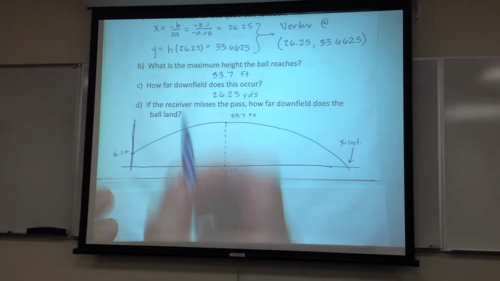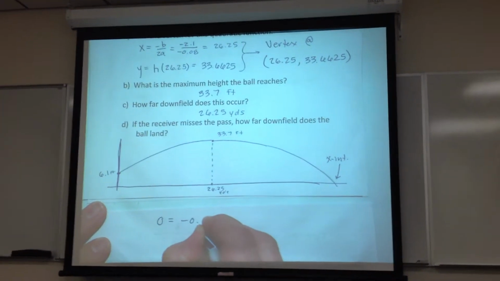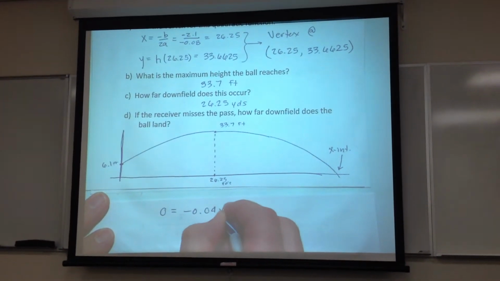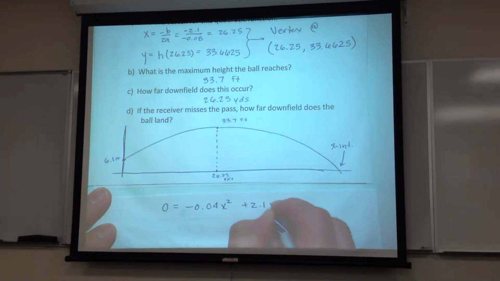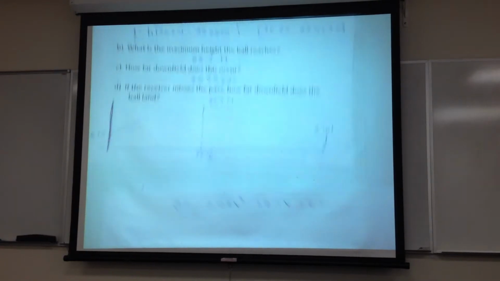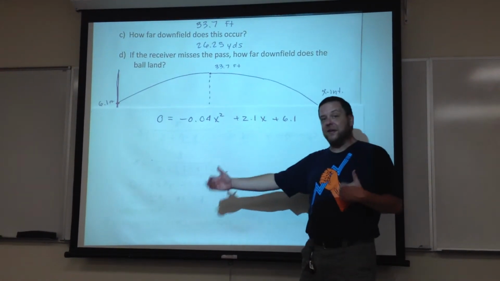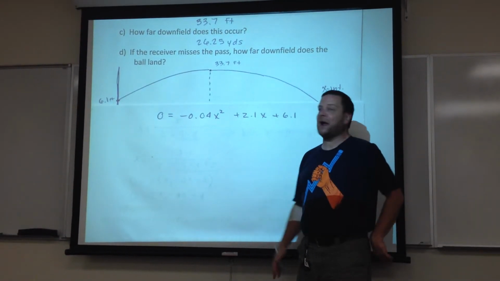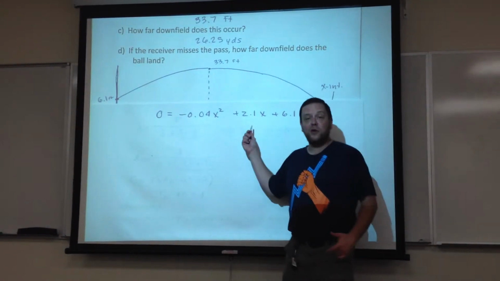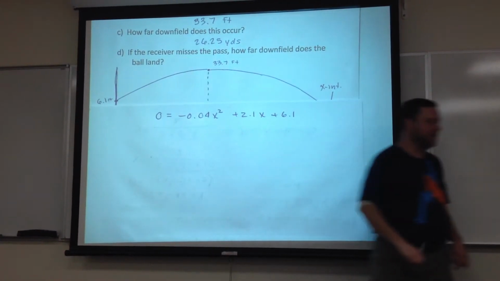I want to set this equal to 0 and then solve this for x. That should tell me how many yards downfield the ball is going to go when it finally hits the ground again. It's quadratic, and I'm not going to try to factor that, so let's go straight to the quadratic formula.